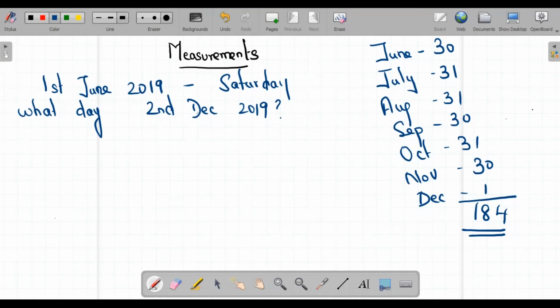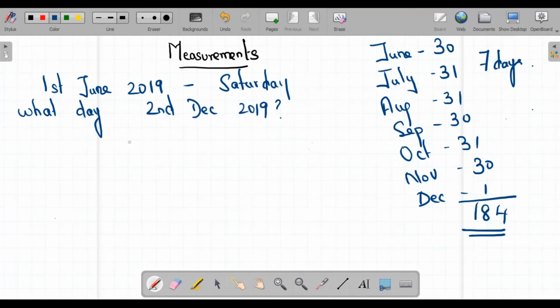Now if we see, a week has how many days? 7 days. So now let us divide this 184 by 7 to see how many weeks have passed between 1st June and 2nd December.